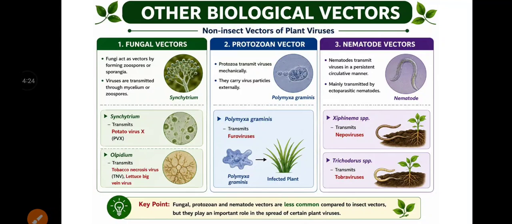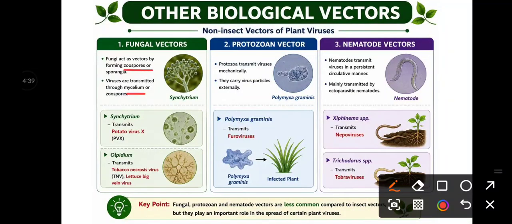Okay, next about the fungal vectors transmitting the viruses. The fungus may transmit the virus either through the zoospore or by the mycelium, and the virus may contaminate the fungus just superficially over the zoospores, and in some cases the virus may colonize inside the zoospores also.